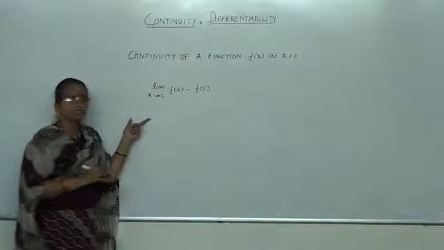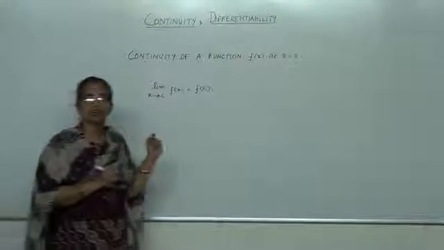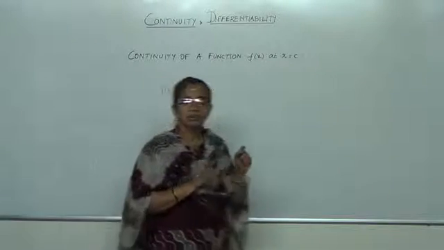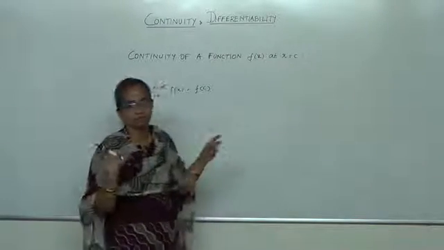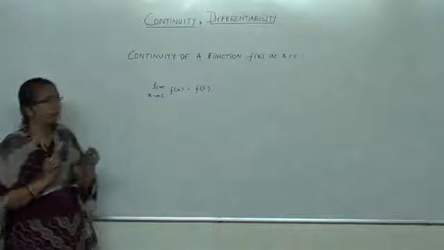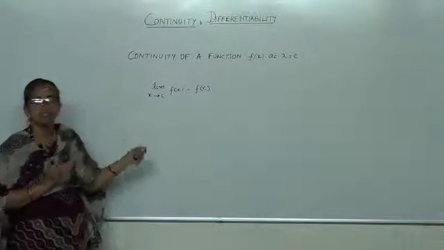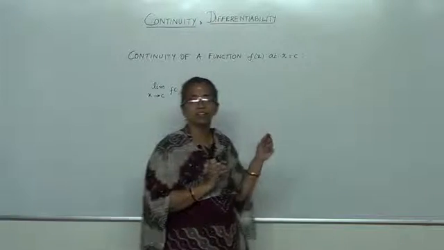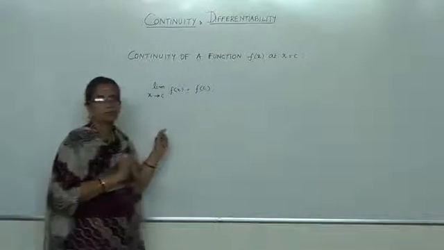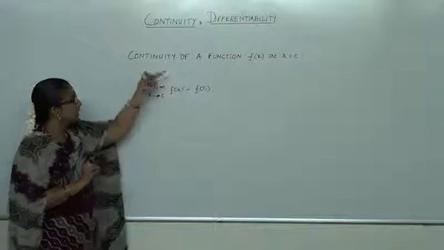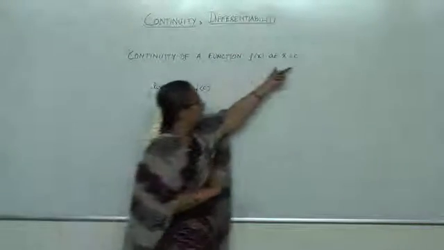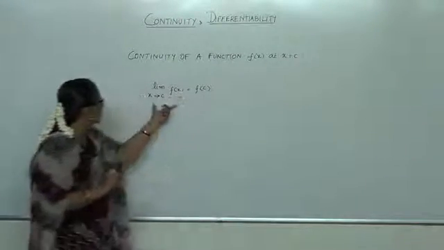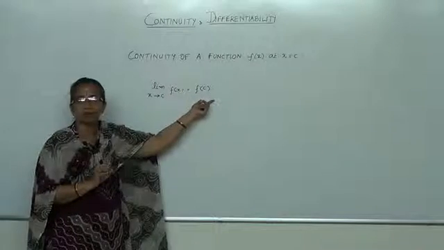Now you can extend the definition of continuity at a point to the entire domain of the function. So if you see that the function is continuous at every point in the domain of the function, then the function is said to be continuous by itself. So you will be just stretching this definition, where at x is equal to c we are defining that limit x tends to c, f of x should be equal to f of c.